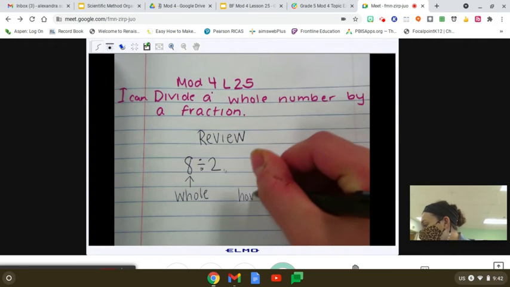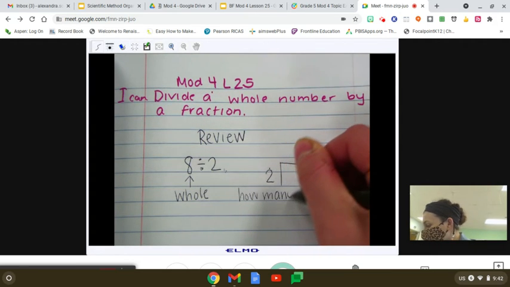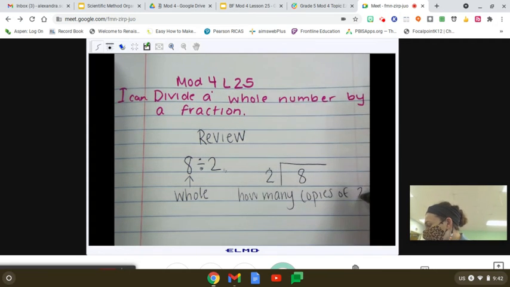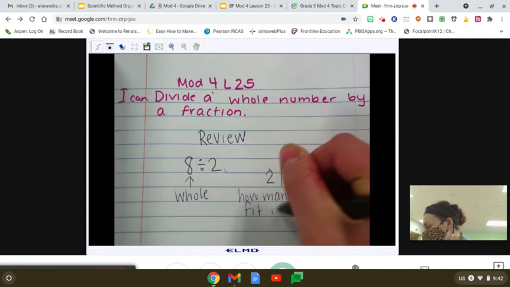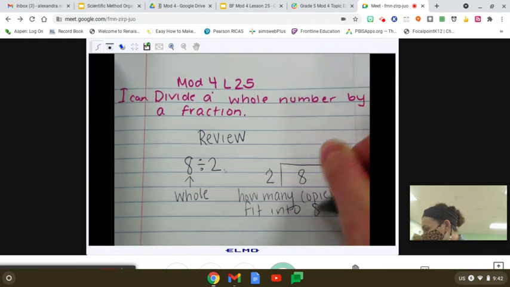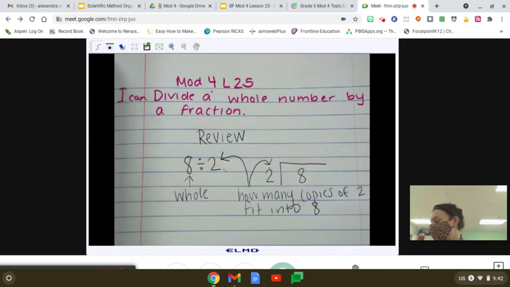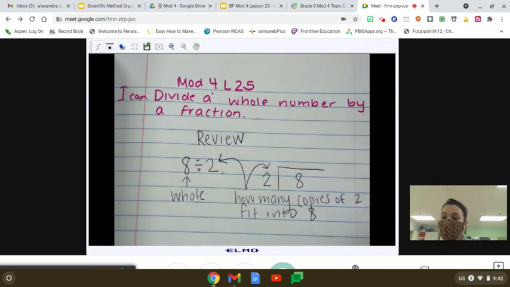So how many copies of 2 fit into 8? That's what this 2 shows. Remember, copying this down, pausing the video if you need to.